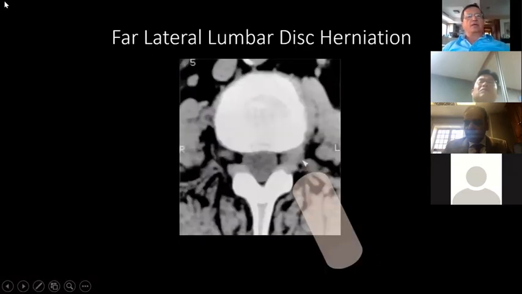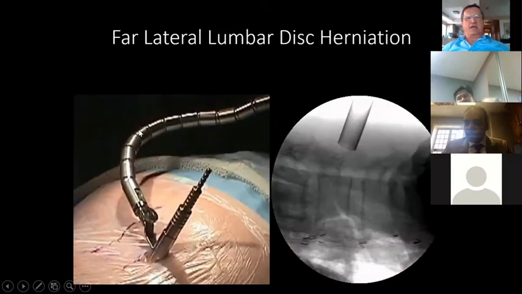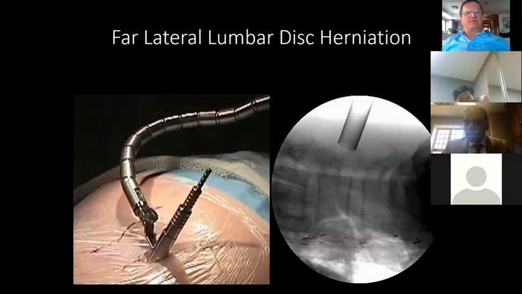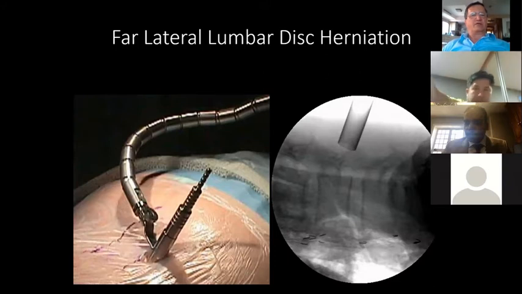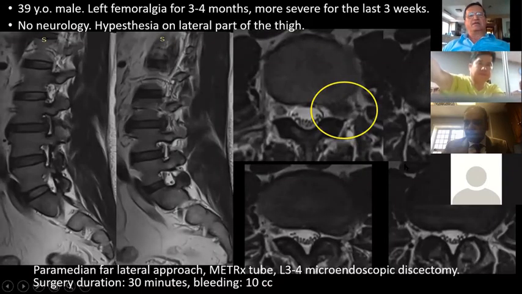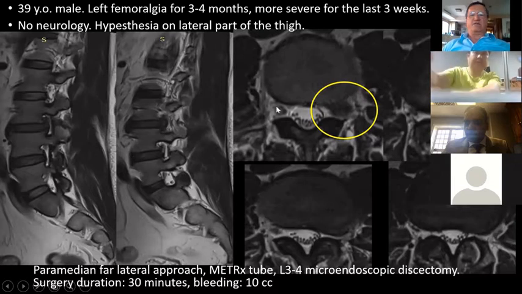You can also approach far lateral disc herniations with the same technique. You can make a 4 or 5 centimeter lateral incision from the midline, and then angulate your tube like you see here. This is one of the far lateral disc herniations at the L3-4 level.